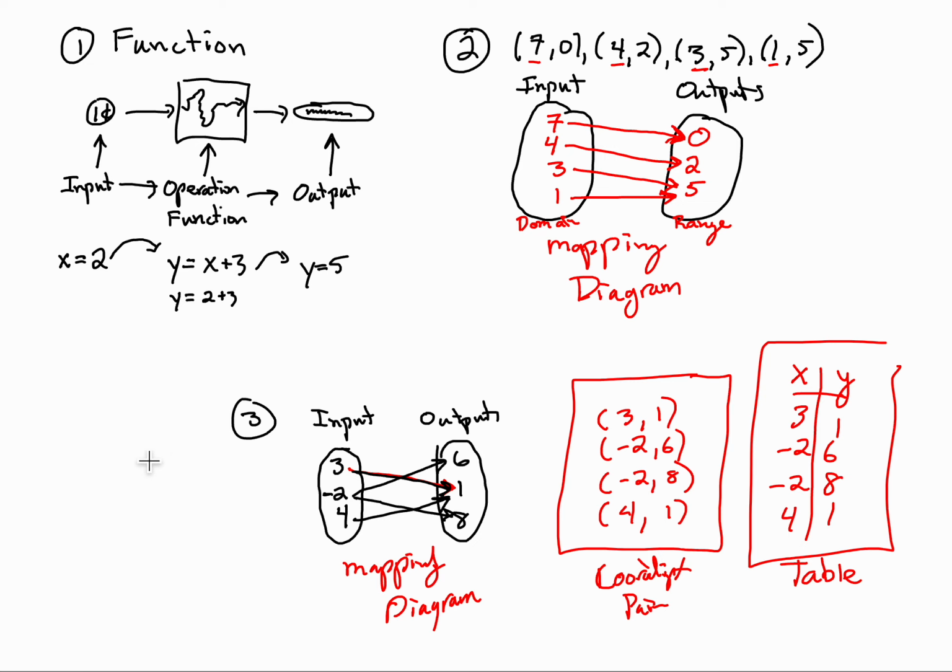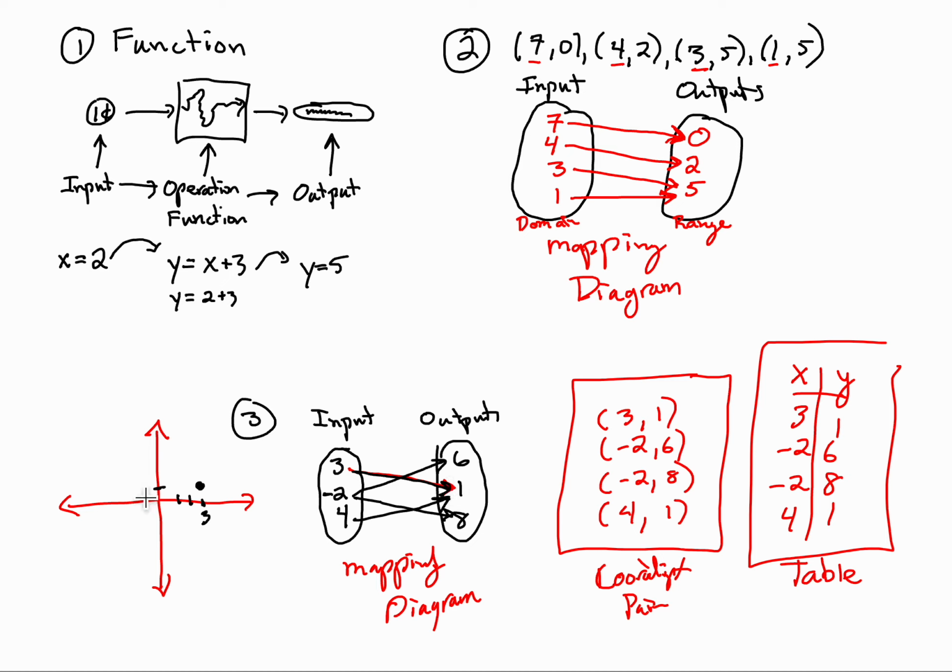So that's how a table would look from that mapping diagram. We could also make a graph of it. And really, if you have a hard time going from the mapping diagram to the graph, you can write the coordinate pairs first and then graph them. So let's graph that 3. If we go over 3, 1, 2, 3 would be here, goes up 1. I'll put that 1 right there. That's the point for that mapping, 3 maps to 1.